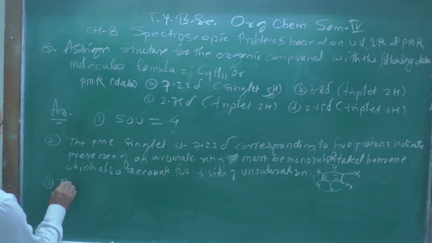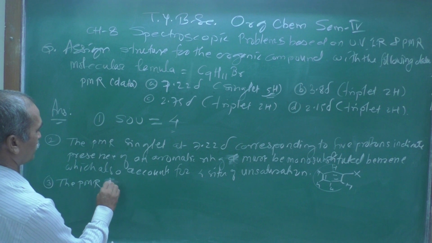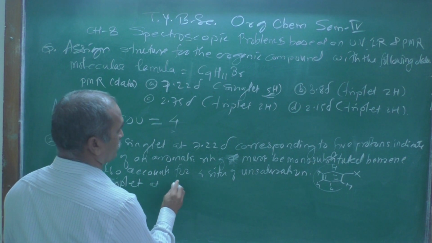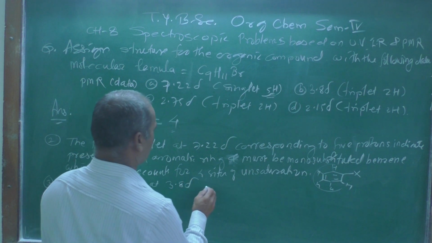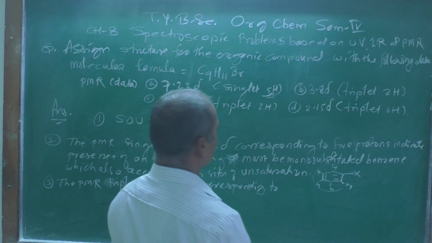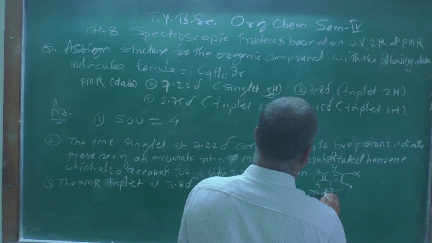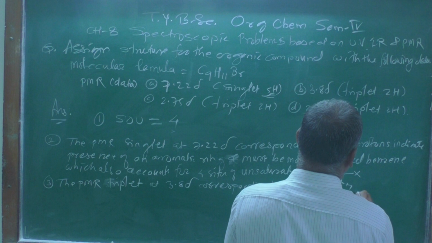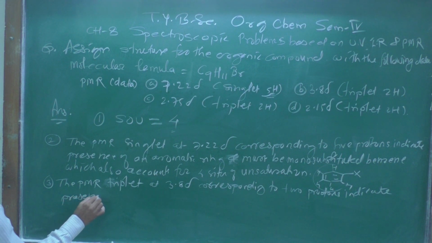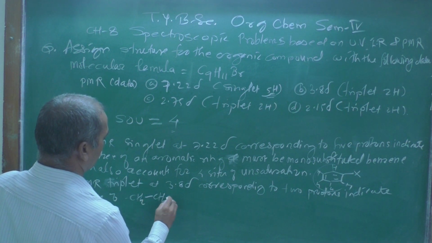The PMR triplet at 3.8 delta corresponding to 2 protons indicates the presence of a CH2 group.